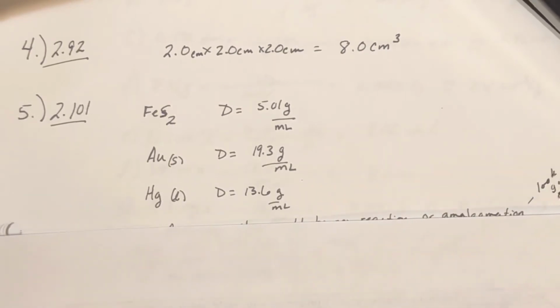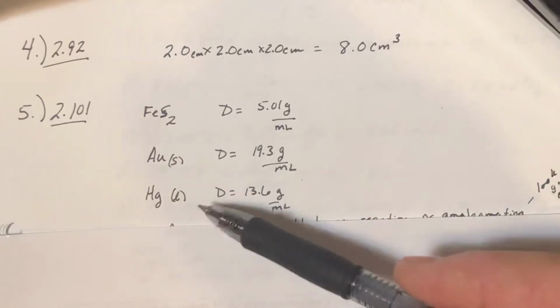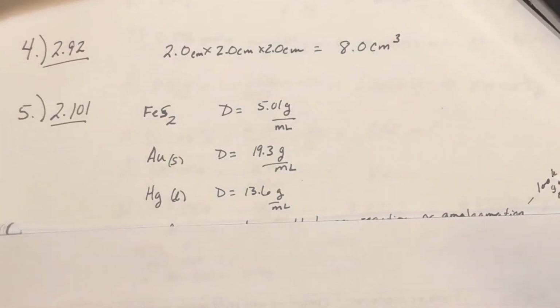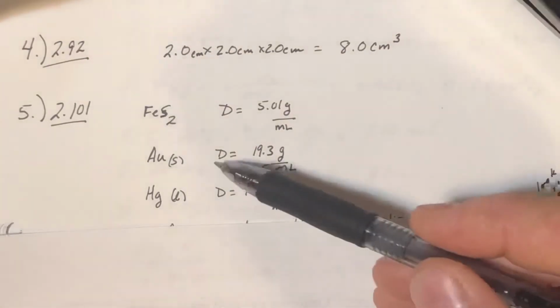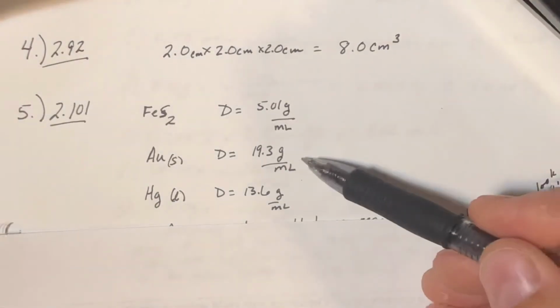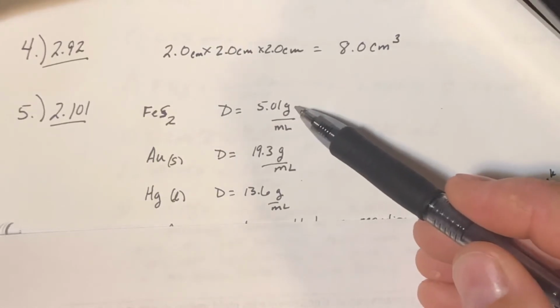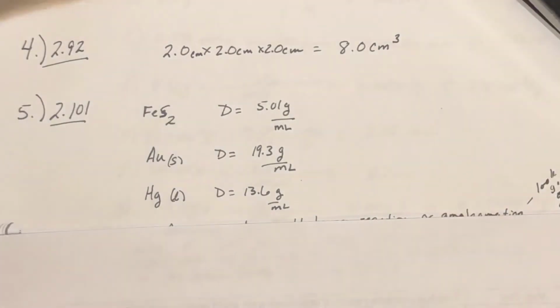That's kind of like saying how would you separate sand from wood, as long as you had some liquid water somewhere. If this is solid, this is solid, and the mercury is liquid, well, you could drop the gold into the liquid mercury and it would possibly sink, correct? While the iron pyrite would still float, and you could just scoop that off the top here.